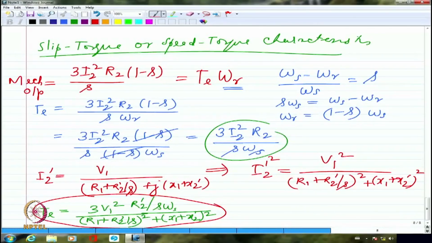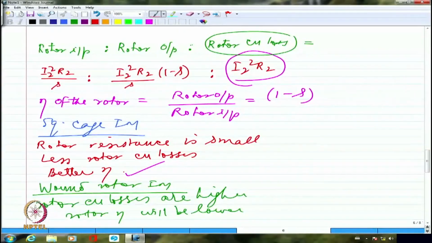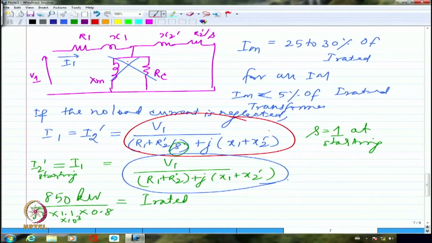I2 is the rotor current. I2 dash is the rotor current visualized from the stator side, neglecting the no load current. Please look at this. We have neglected this. This is the no load current. I just said forget about the no load current. This is I2 dash rather.